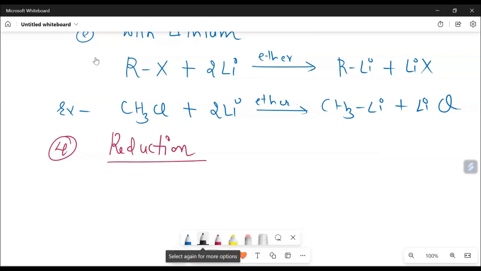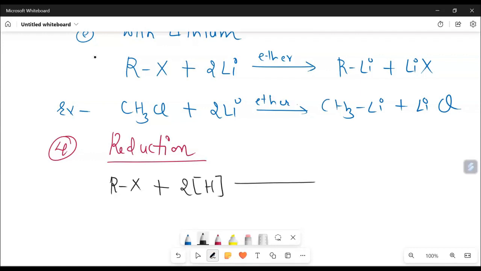Okay, so in the reaction RX plus 2 hydrogen, with LiAlH4 or Zn/HCl, gives RH plus HX.